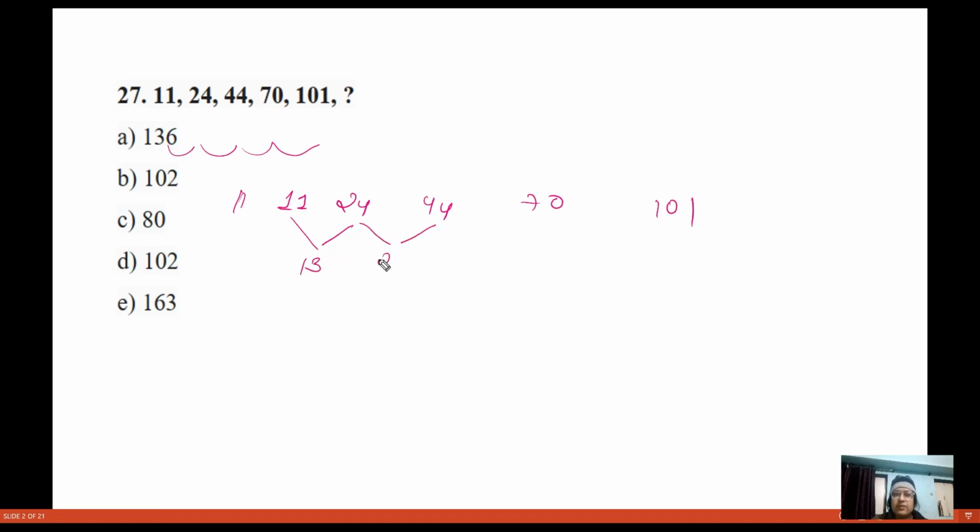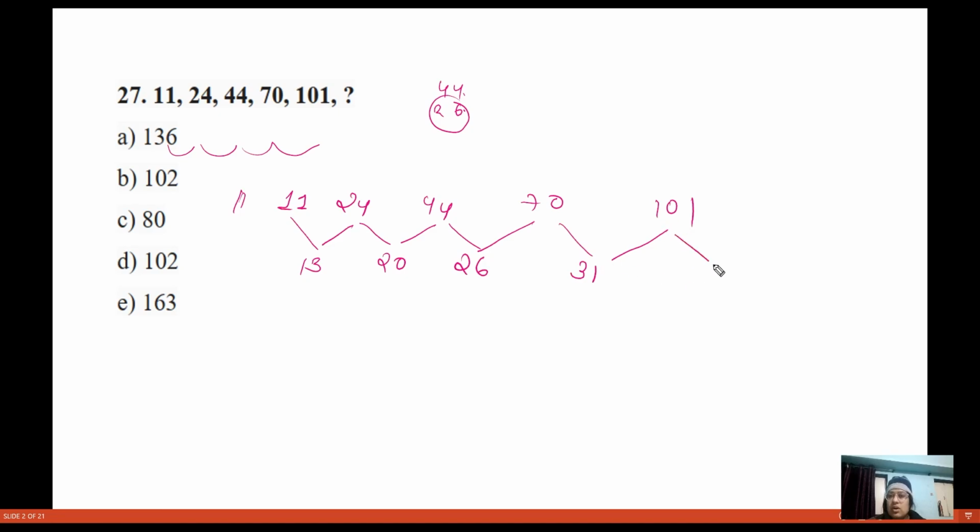Between 24 and 44, we have a difference of 20. Between 44 and 70, we have a difference of 26. And between 70 and 101, we have a difference of 31.